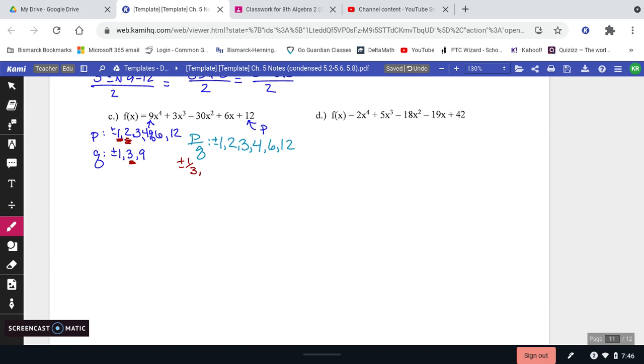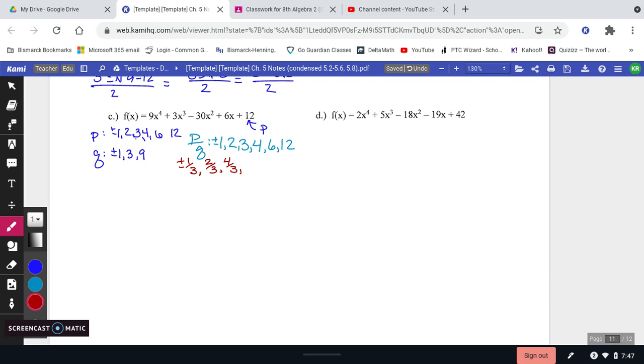Then 2 divided by 3 is 2/3. 3 divided by 3 reduces to 1, so I don't need to list it again. Then 4 divided by 3 is 4/3. 6 divided by 3 is 2, and 12 divided by 3 is 4, and we already have both of those. Now I've got to divide everybody by the 9.